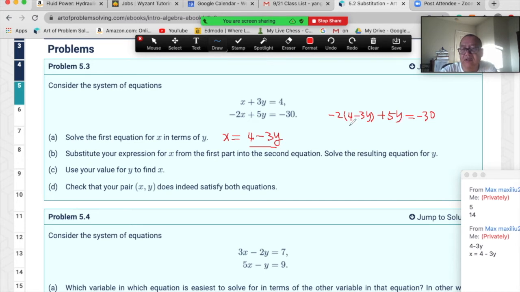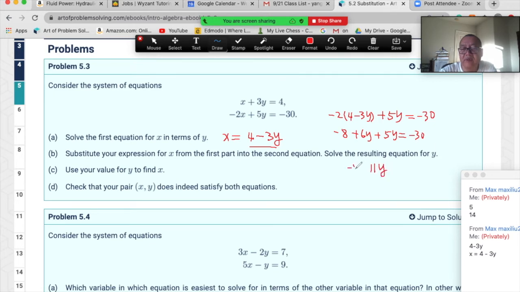Now let's solve this equation. We can expand each term first. That's negative 8 plus 6y plus 5y equals negative 30. Now let's merge like terms. 6y plus 5y, that's 11y.